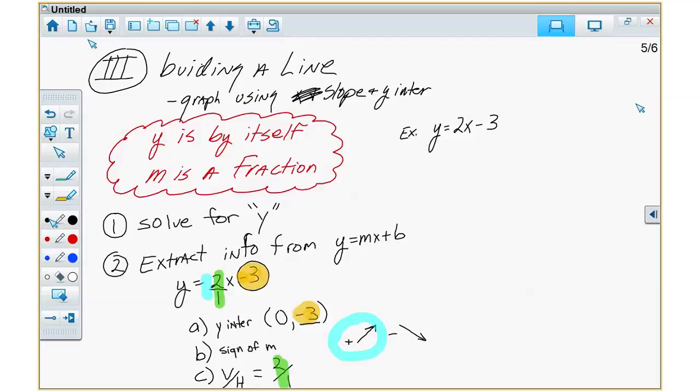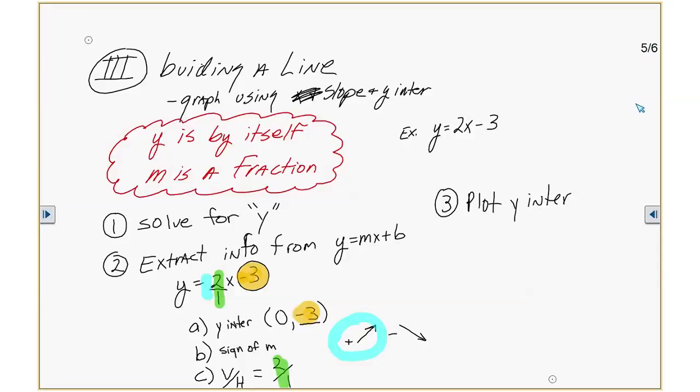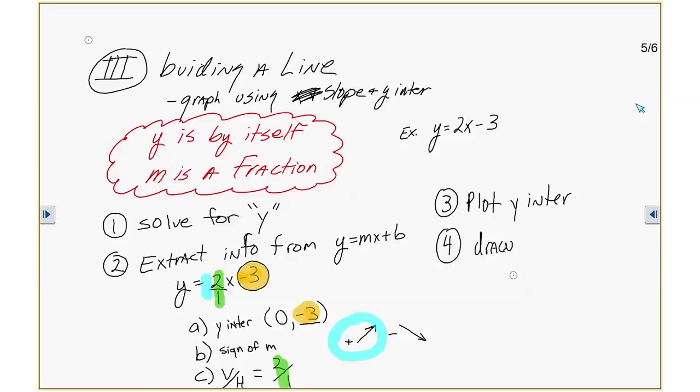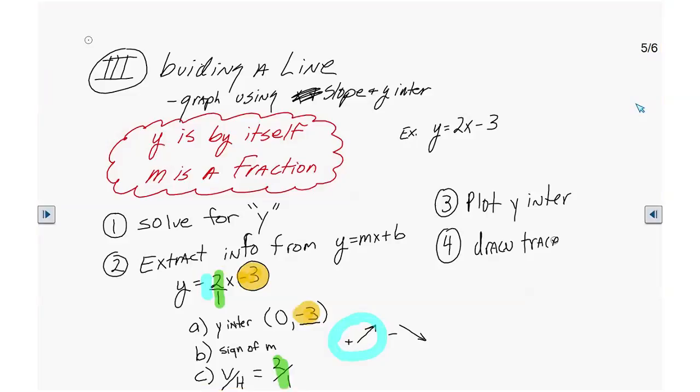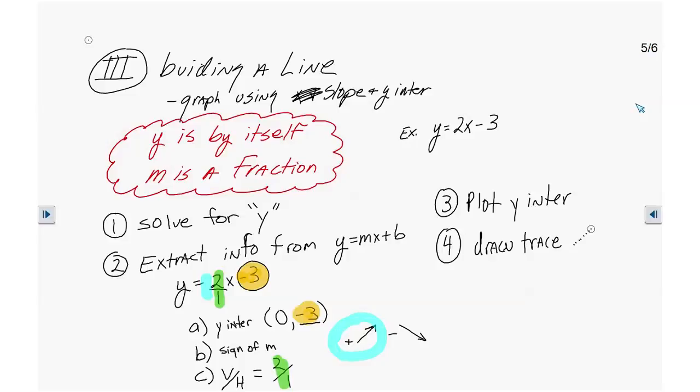3. Plot the y-intercept. 4. Draw a trace line. A trace line is something real light, and it's going from left to right up or left to right down.